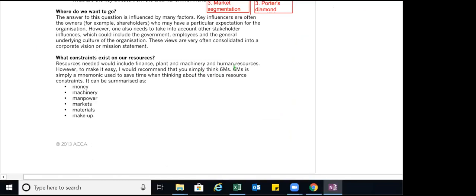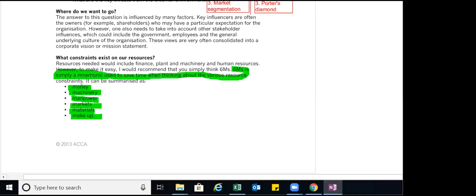Now, the 6 M's model is basically used to summarize resources. 6 M's is a simple mnemonic used to save time when thinking about various resources. So what are resources? Money, machinery, manpower, markets, materials, makeup.